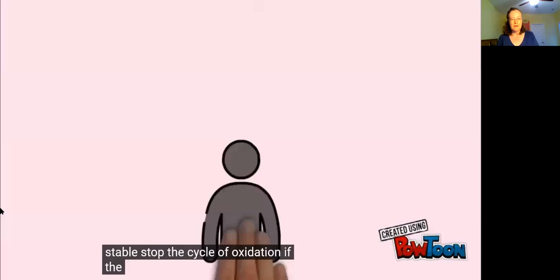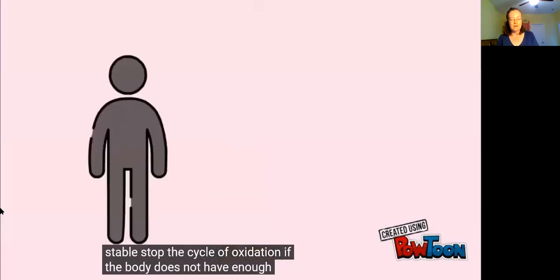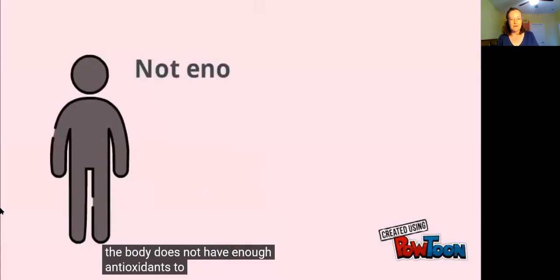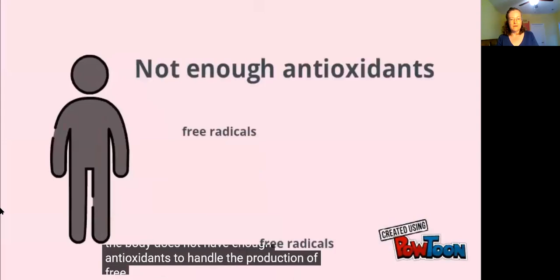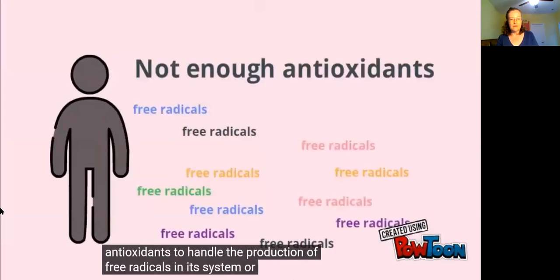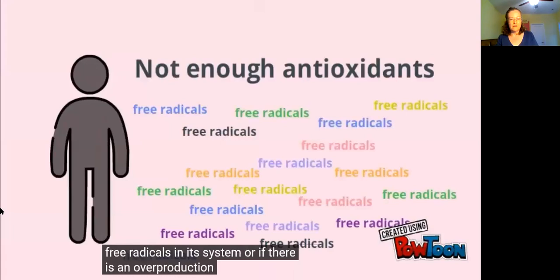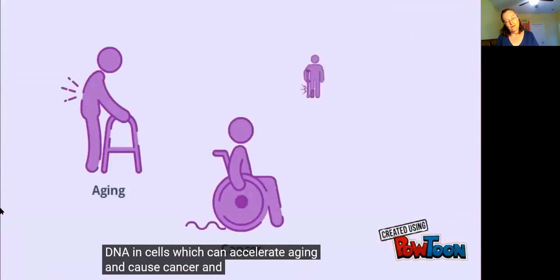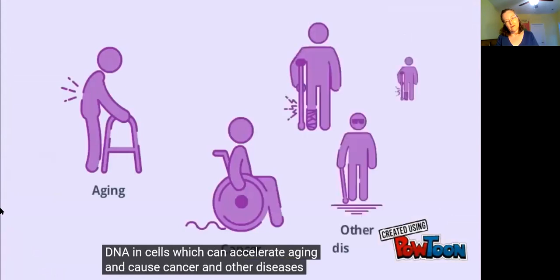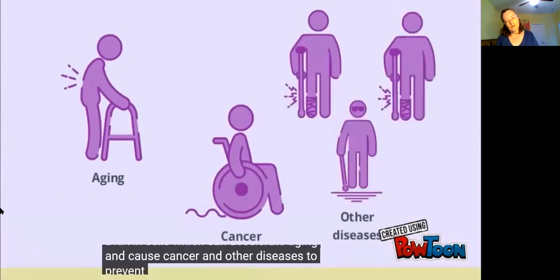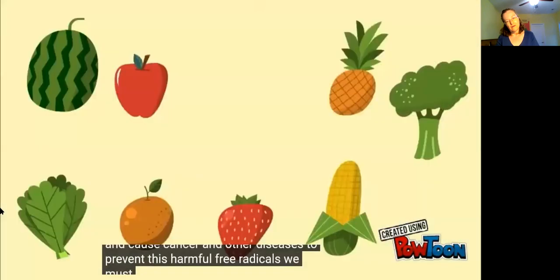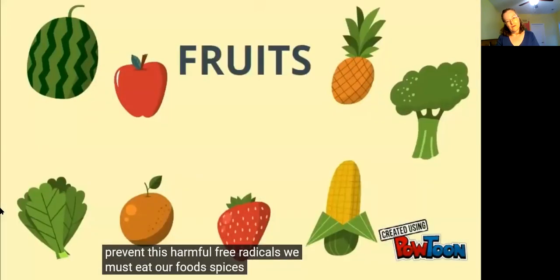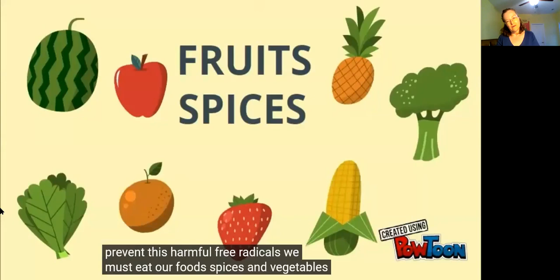If the body does not have enough antioxidants to handle the production of free radicals in its system, or if there is an overproduction of free radicals, then it will result in the destruction of DNA in cells, which can accelerate aging and cause cancer and other diseases. To prevent these harmful free radicals, we must eat our fruits, spices, and vegetables.